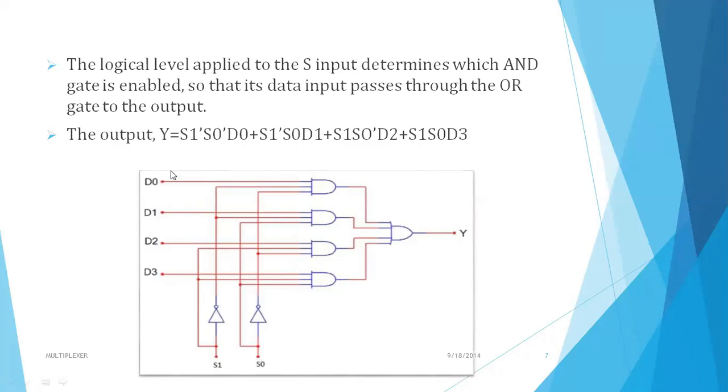So 1 into 1 into D naught, so the value is D naught here first. At the OR gate one input is D naught. And here the connection is S naught, that is 0, and here 1, so D1, 0 into 1, automatically 0.